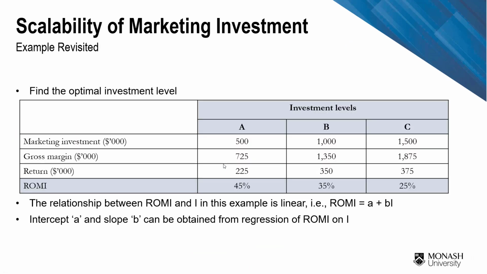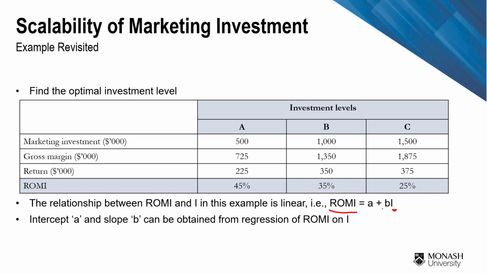So let's take a look at this example that we have touched on in the previous video. So you can see that there is a different relationship between ROMI and I, and you can see that intercept A and slope B can be obtained from regression. How? Alright, so as we can see in here, we are plotting the relationship between ROMI and I, which is investment.